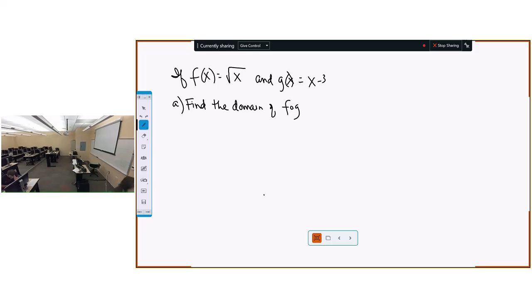Okay? So let's look at them separately. The domain of f of x, let's look at that.